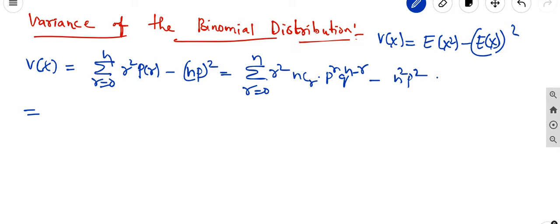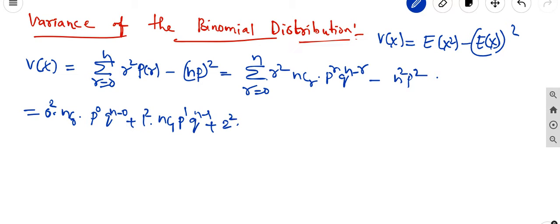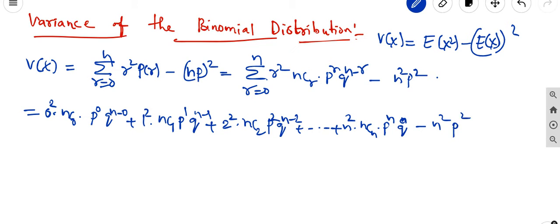Again we can substitute the r values: 0 square into nC0 p power 0 q power n minus 0, plus 1 square nC1 p power 1 q power n minus 1, plus 2 square nC2 p square q power n minus 2, plus so on plus n square nCn p power n q power n minus n, which is q power 0, minus n square p square.